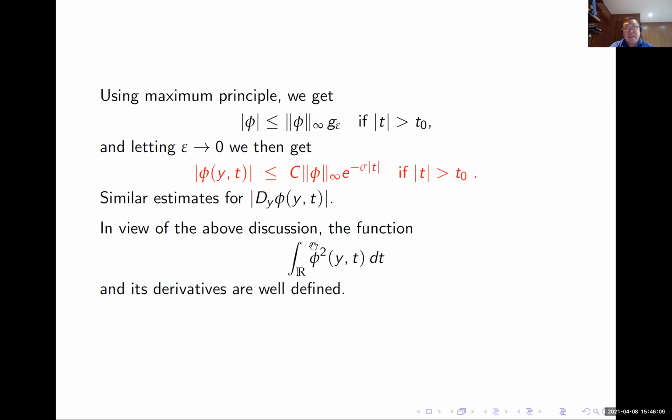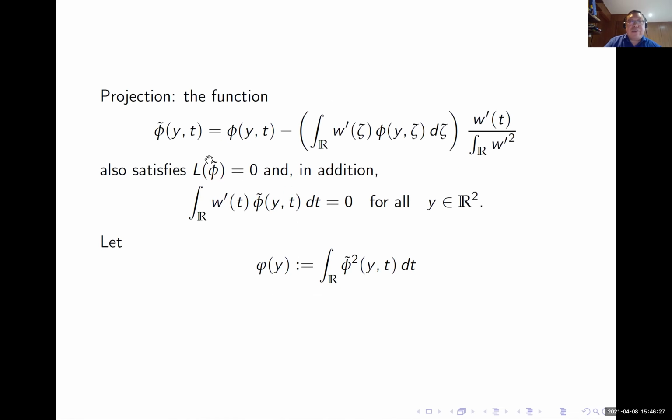So with this, now it makes sense. I can just integrate in one direction, dt. This makes sense because my solution has exponential decay in t. This integral makes sense. So now we just project the solution: for fixed y, you project your solution onto W prime.